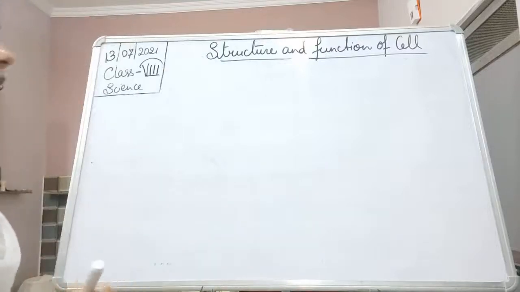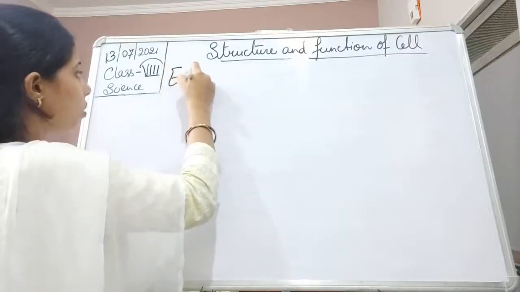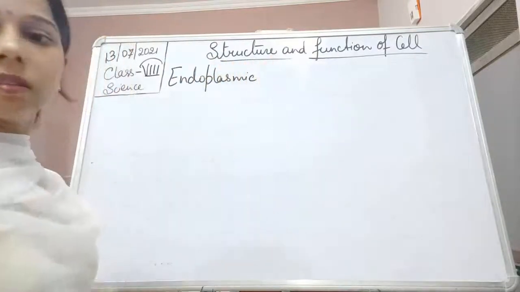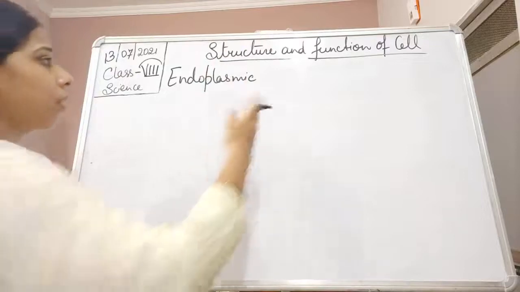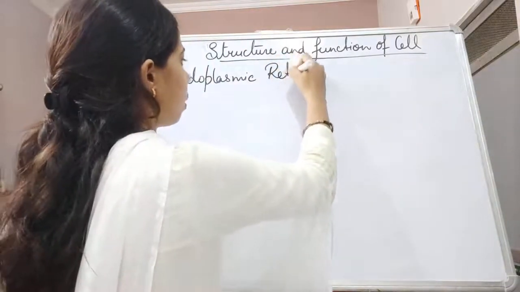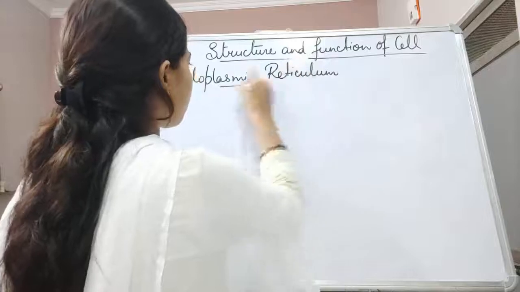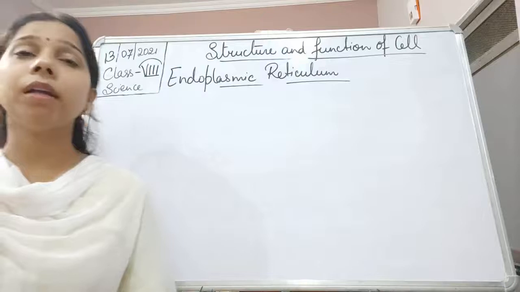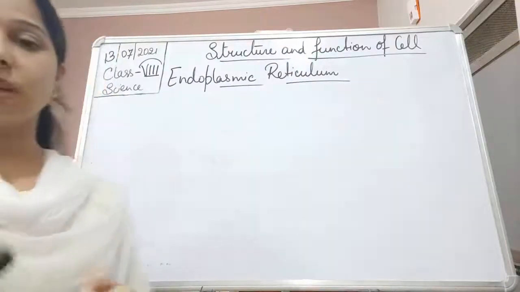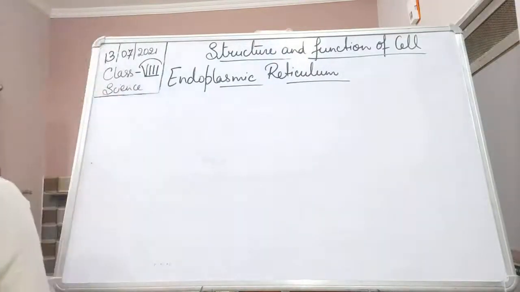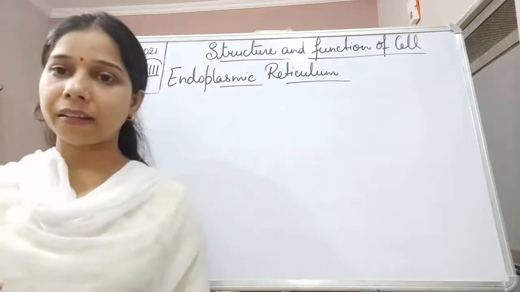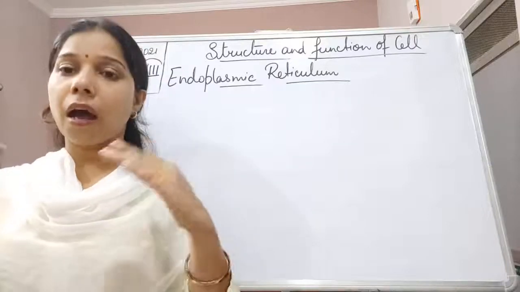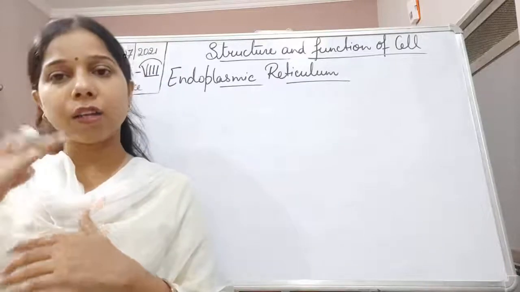So see here, in case of an endoplasmic reticulum, it is a network of tubules. It is actually the network of tubules and flattened sacs. When you look at it, student, you will find tubule-like structures and flattened sacs which are arranged over one another.